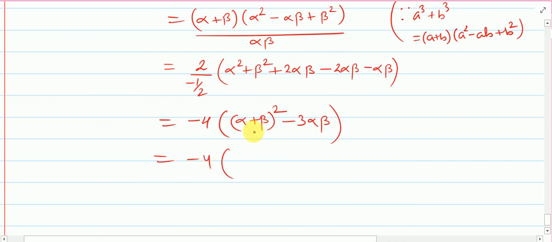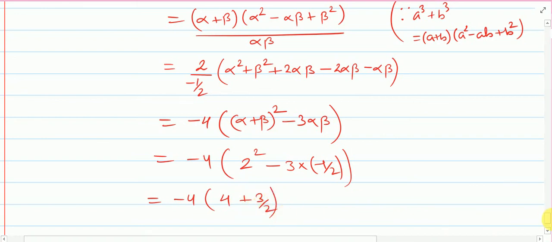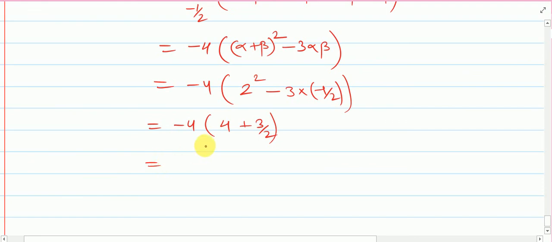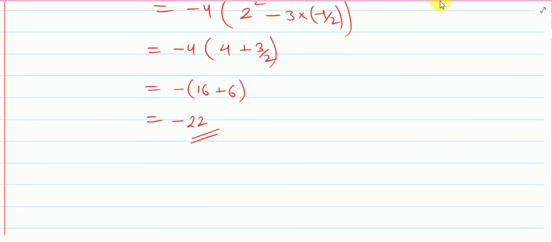So minus 4 times, alpha plus beta, you know it's 2, so 2 square minus 3 times minus half, so minus 4, here 4, here plus 3 by 2. Take this 4 inside, so it will be 16 plus, this 2 will cancel, it will become 6, so you are left with minus 22 as the answer. This is all for today.